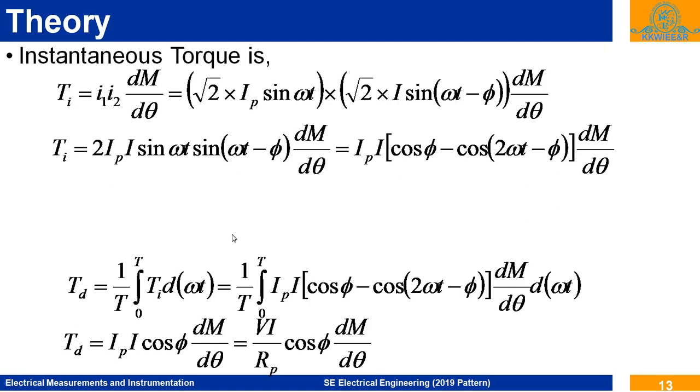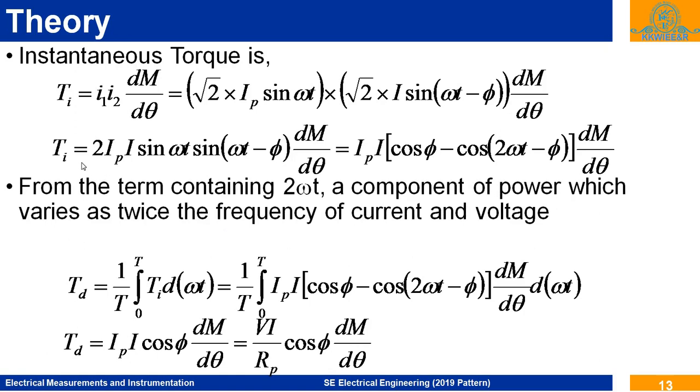So Ti is equal to 2 Ip I sin omega t sin omega t minus phi dM by d theta. After simplification, we get Ip I in square brackets cos phi minus cos of 2 omega t minus phi, dM by d theta.